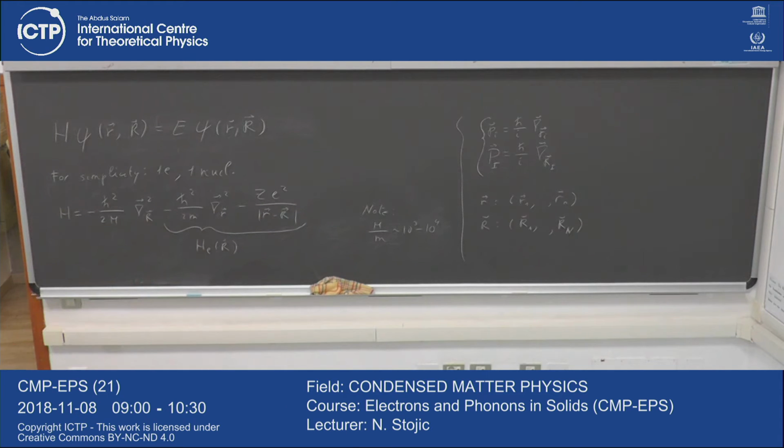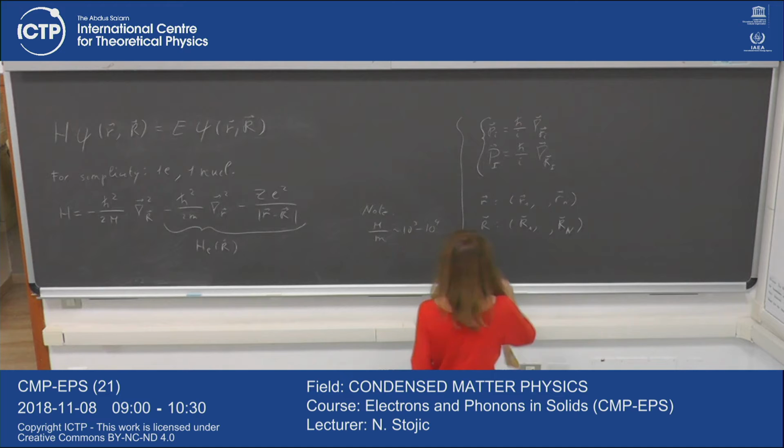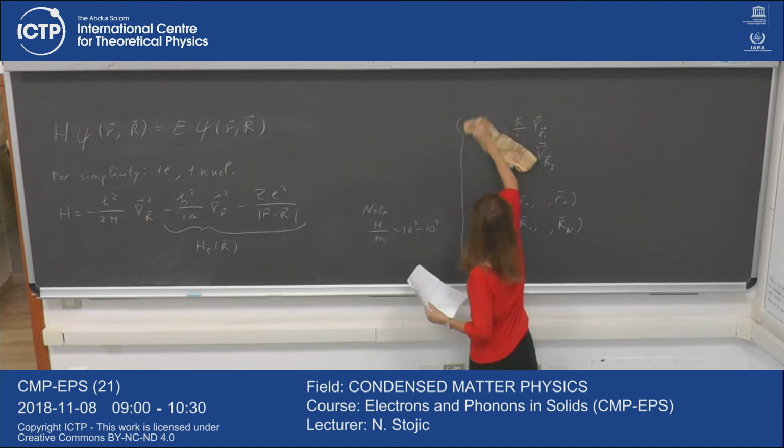So huge difference in the mass, and this is the reason we will be able to use this Born-Oppenheimer approximation. Okay, so this is the Hamiltonian.